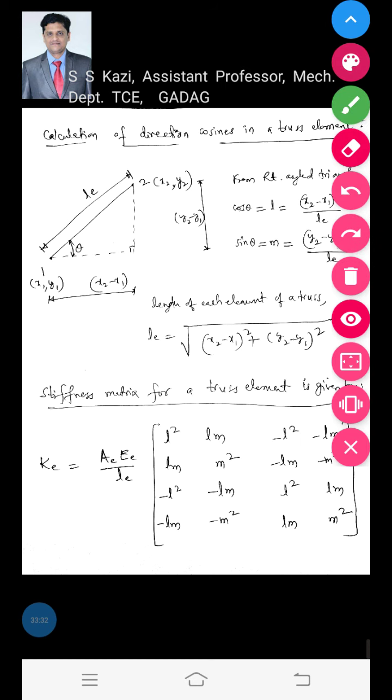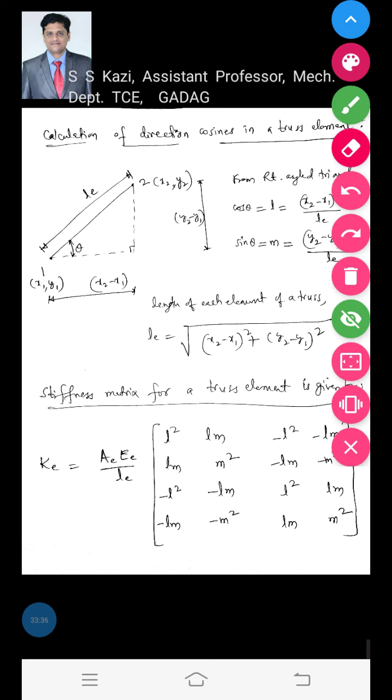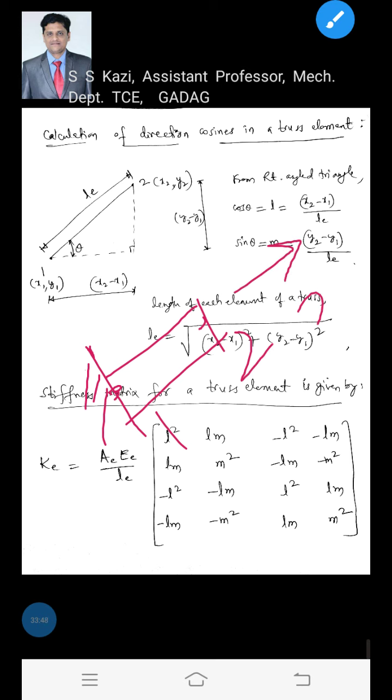And also you can observe here what difference you have observed between the bar and truss. What is the difference in case of a bar? If you consider a bar problem, each node is permitted to displace only in x direction, globally and locally.